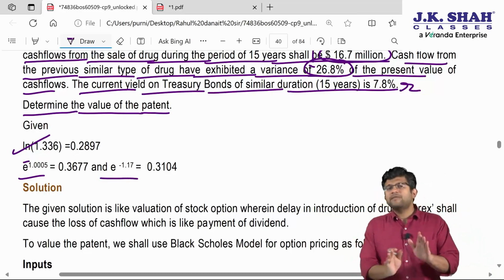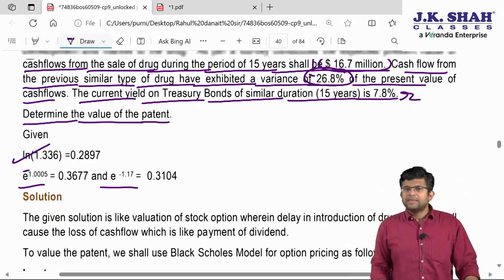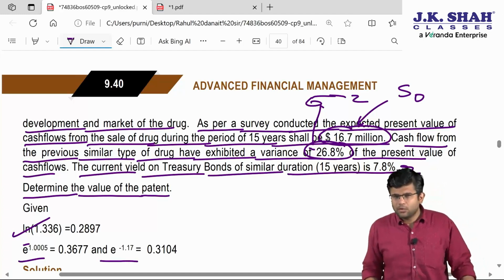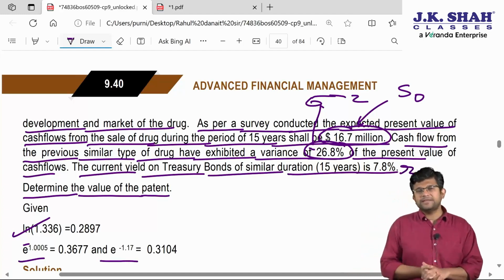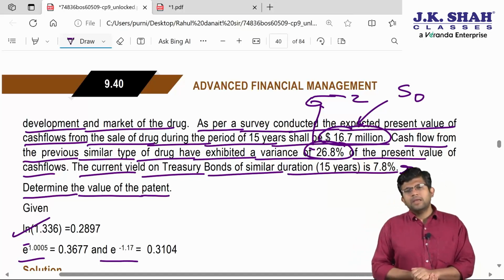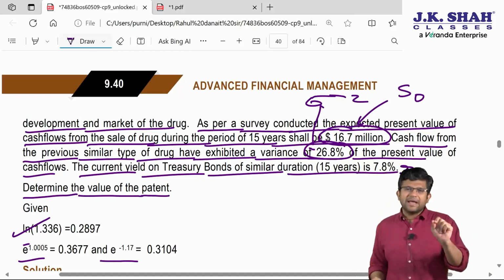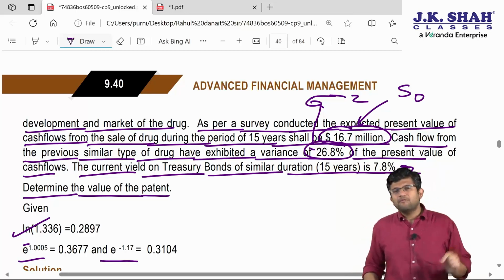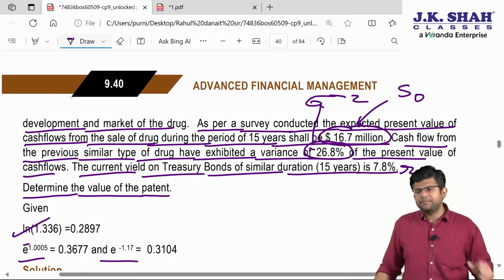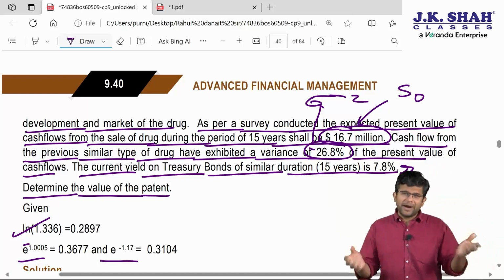Now, before we start solving this question, there is one thing that I want to talk to you about. Do you remember that when you did Black-Scholes model questions, one of the questions was there in ICAI model also, it must be there in your textbooks also, where the underlying asset, which was the share, was expected to provide dividends in that option period, right? The share was expected to provide income.